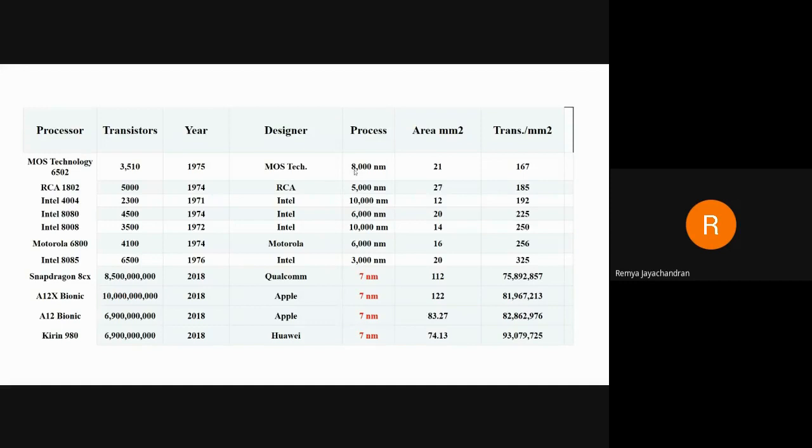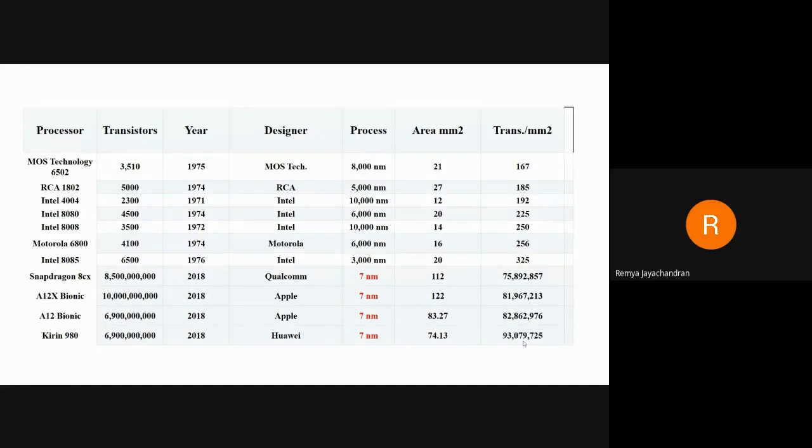This is just a representation of the transistor count. Initially, the number of transistors in a single chip was 3,510, and the transistor density was 167. You can see that in 1975 the process node was 8,000 nanometer, and in 2018 it is 7 nanometer.